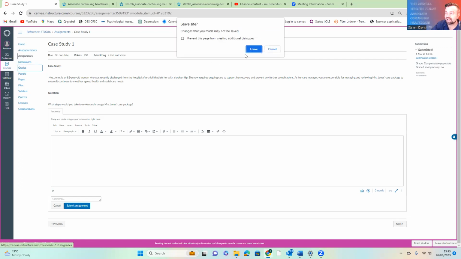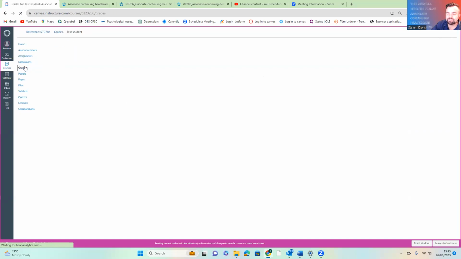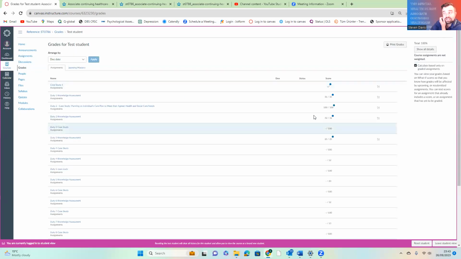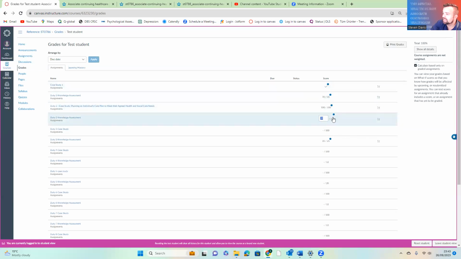Now, as you submit stuff, you'll see your grades. So your grades come on a grade report. Here you can see this is work that's been previously marked. So that's great. Any feedback, you'll see it comes up here. People are the people in your group.